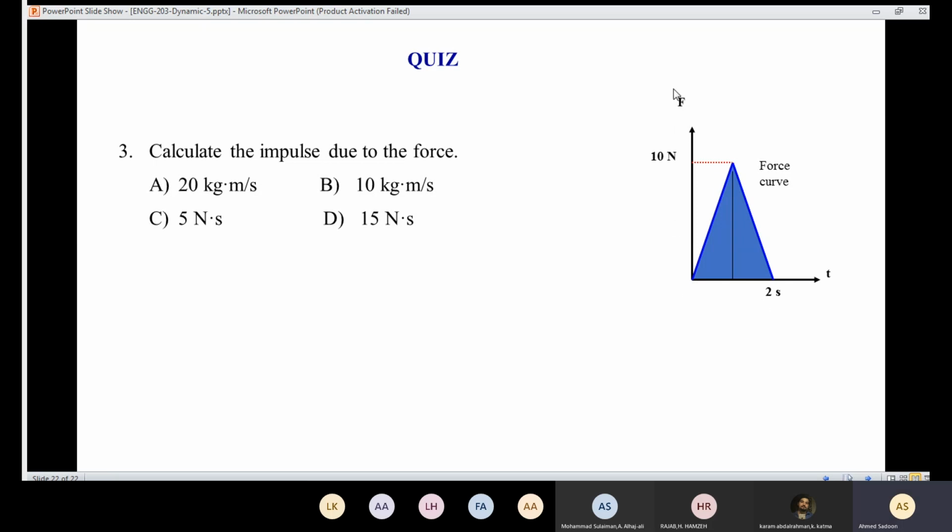I have the relation between the force and the time, but this time it has been represented graphically. We said that in order to know the impulse, I need to determine the area under the curve. Yes, the area under the curve here represents the impulse. So which one is it, A or B or C? It's B. So B is the right answer for that. So I'm going to stop here.